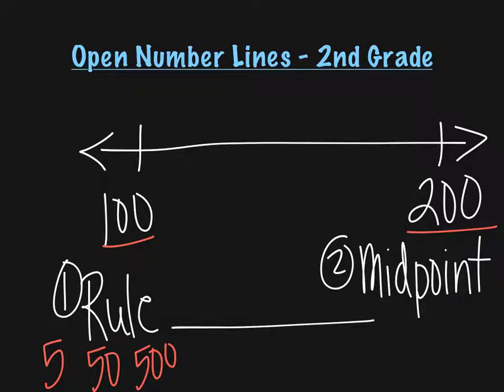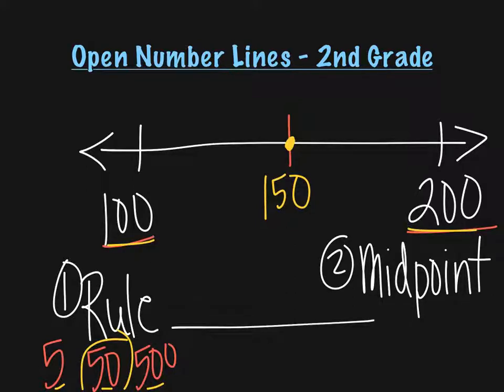So what's the only one that I could put right here in this middle? Would I write 105? Would I write 150? Or would I write 1,500? Good. I would write 150. 150 is the midpoint between 100 and 200.